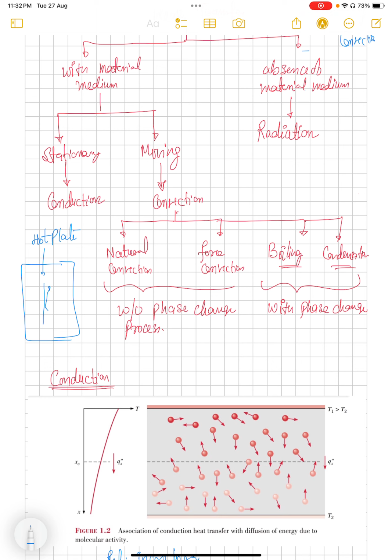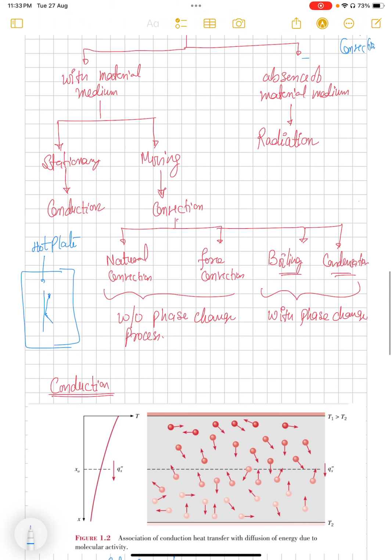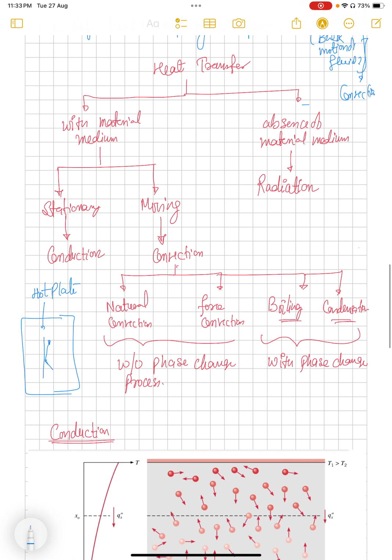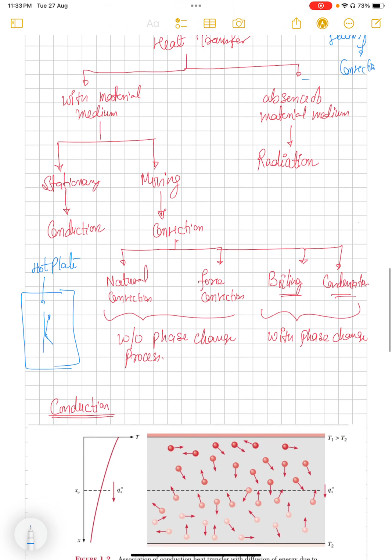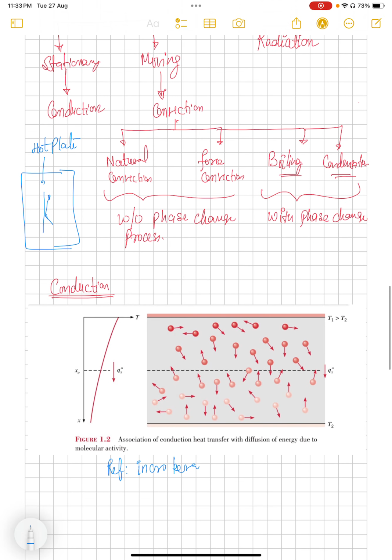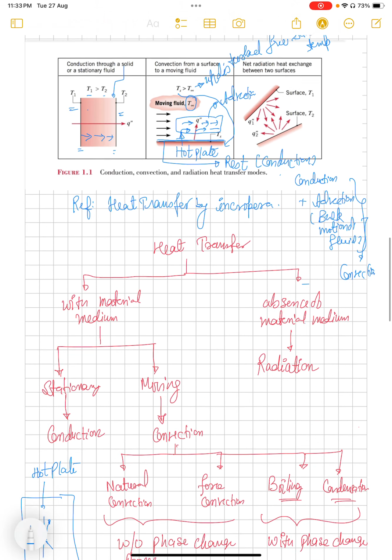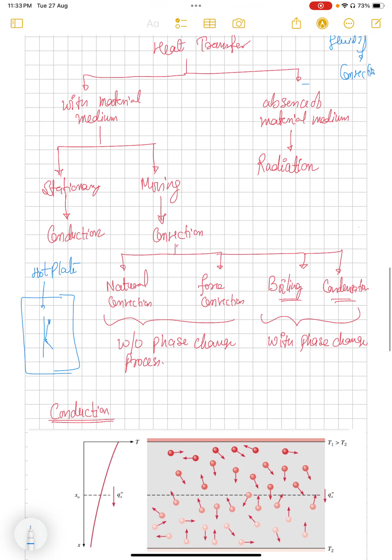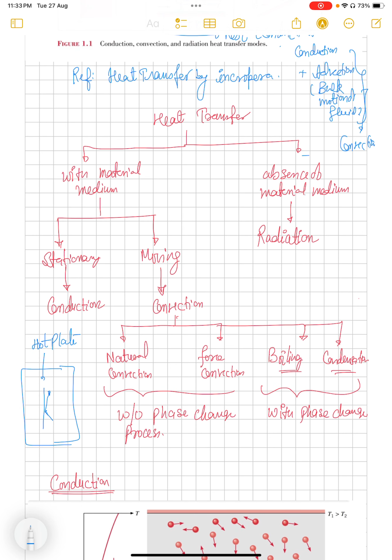The movement of the air is caused by the buoyancy effect, and it is self-driven, so it is natural convection or free convection, because we are not using an external force like a fan or pump to make the fluid move. And boiling and condensation are other modes of heat transfer in convection. We will see this in detail later.